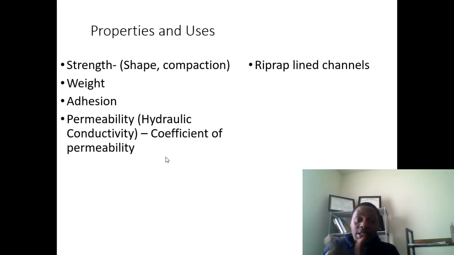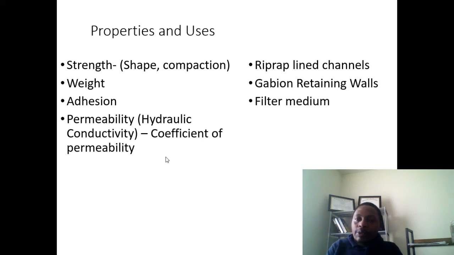So the uses of our properties is some of them, not all of them. So some of the uses of our aggregates is to line channels. You can use our aggregates as gabion retaining walls, as well as they can be used as filter medium.